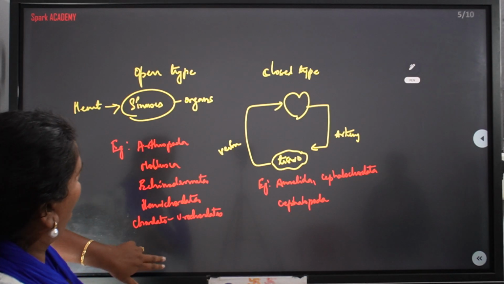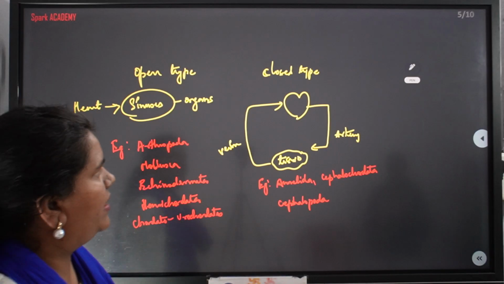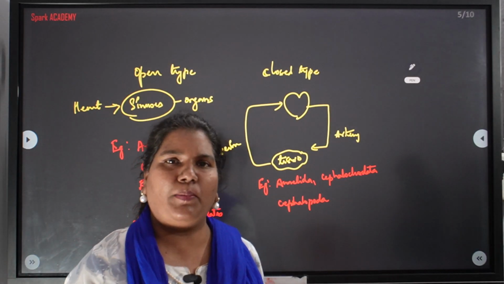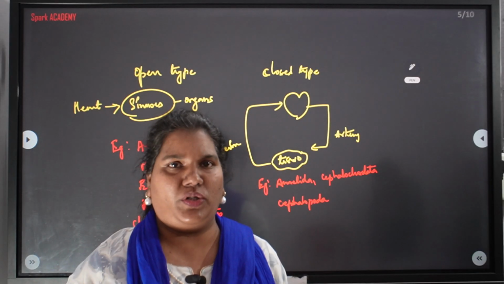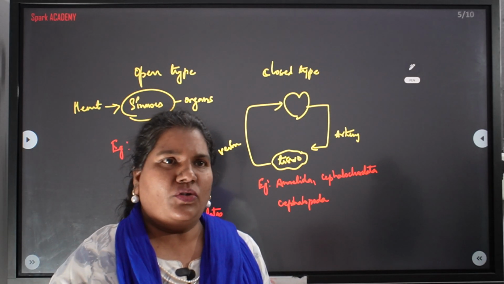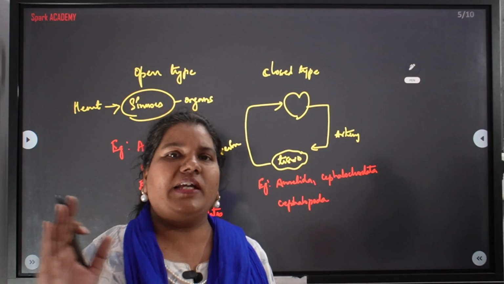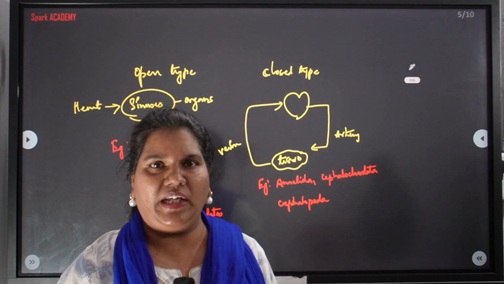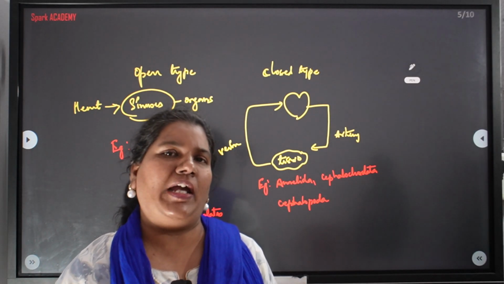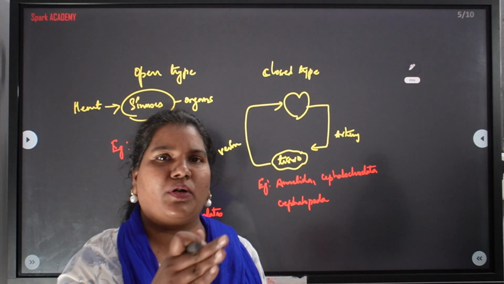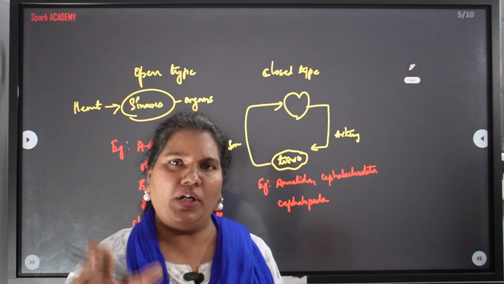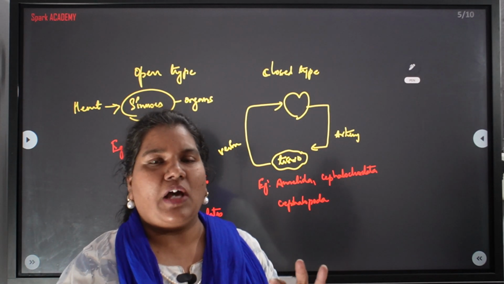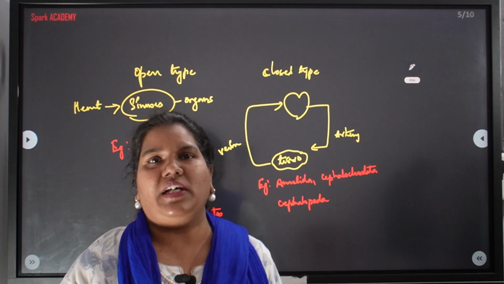So, and what did we learn? See, open type, closed type, complete digestive system, incomplete digestive system. This complexity is because of mesoderm. Mesoderm is seen in higher animals only. అంటే ఎక్కడ దేని ఏ ఫైలం నుంచి చూస్తామమ్మా? We see it from platyhelminthes to chordates.